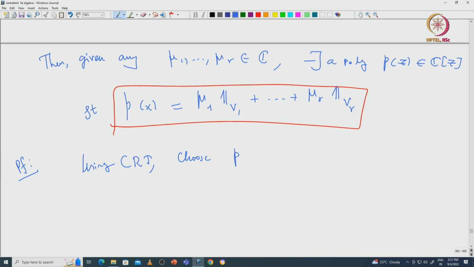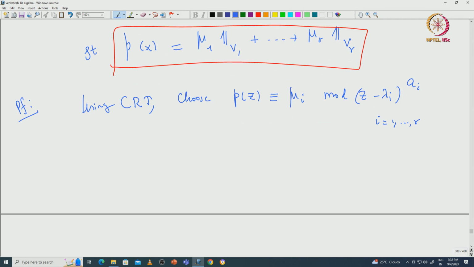Choose this polynomial P of z in such a way that P of z is congruent to mu i modulo (z minus lambda i) power a i, and this is true for each i from 1 to r. Since these (z minus lambda i) power a i are all pairwise relatively prime, we will be able to choose this P of z using the Chinese remainder theorem such that P of z is congruent to mu i modulo (z minus lambda i) power a i. In particular, this P of z can be written as mu i plus some q i of z, as before, times (z minus lambda i) power a i.